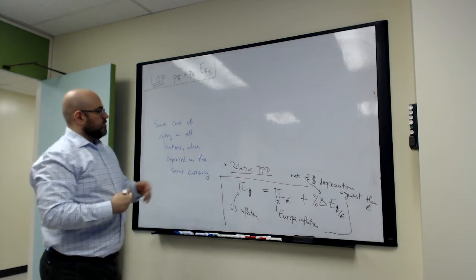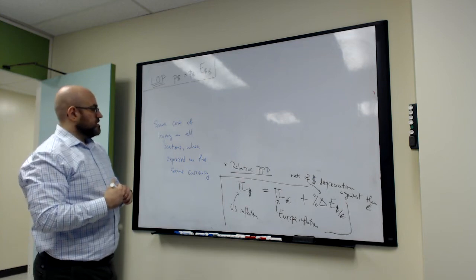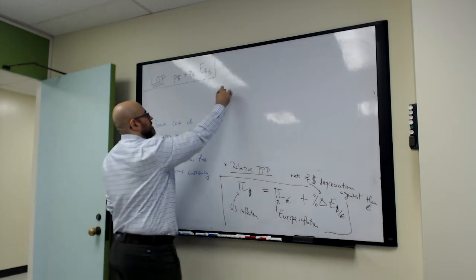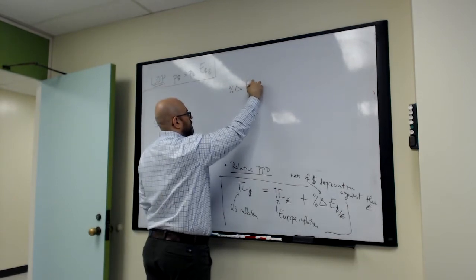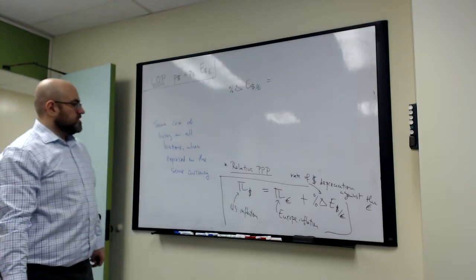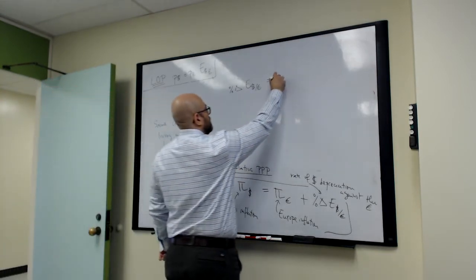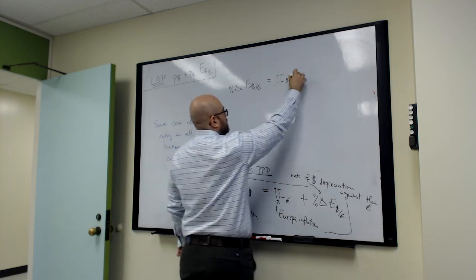In the long run, we're going to assume relative PPP holds, and that's not going to be a bad approximation. And so I'm going to use this to think about the long run evolution of the nominal exchange rate. I'm going to solve for the object of interest.